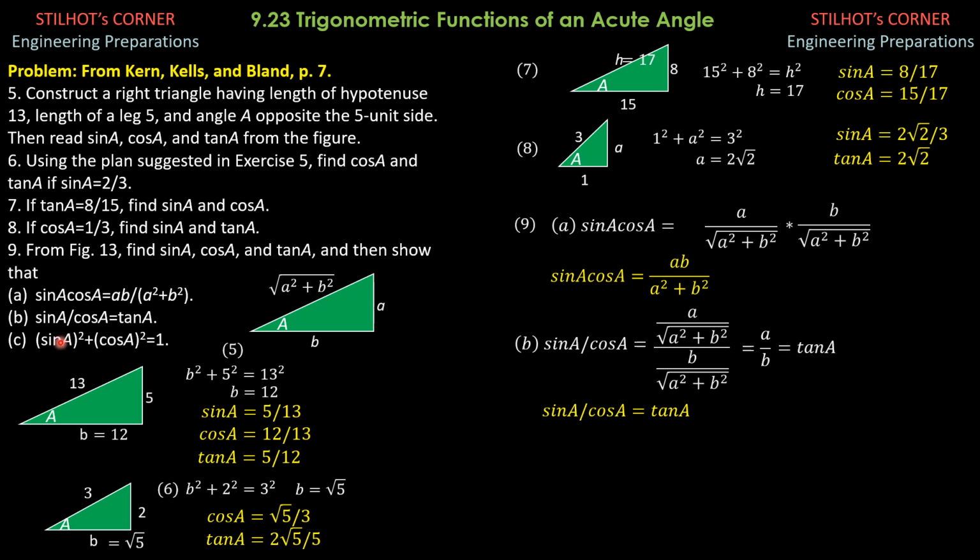Then lastly, for part C, quantity sine A square plus cosine A square equals 1. So let us show that it is 1 from this triangle. So from this right triangle, sine of A is opposite over square root of A square plus B square, quantity square.